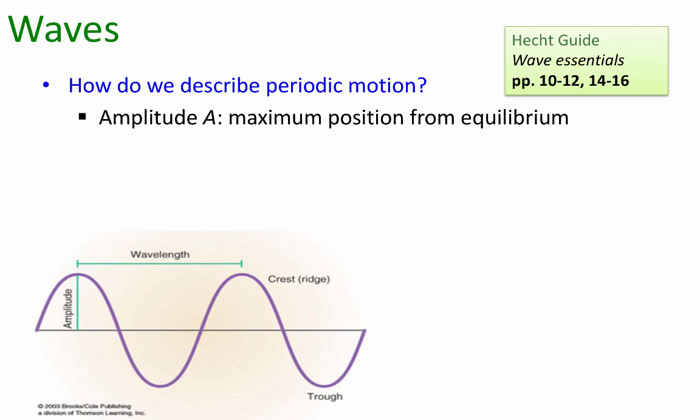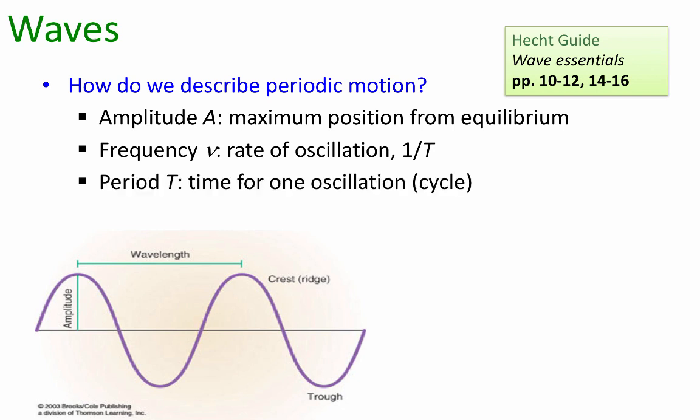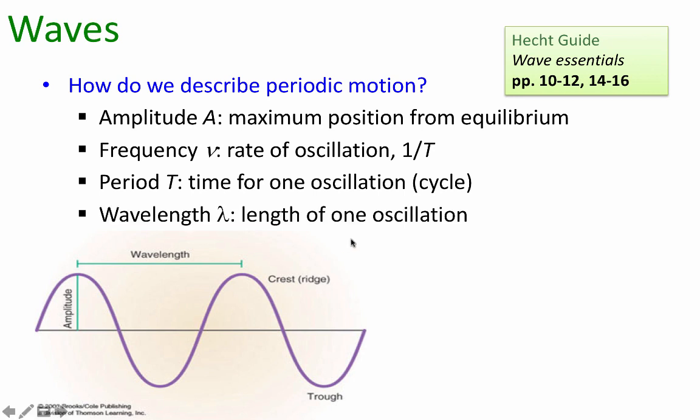The amplitude describes the maximum position from equilibrium, and its variable name is often A. The frequency, we're using nu, the Greek letter, is the rate of oscillation, and it's also the inverse of the period. The period is the time for one oscillation, or one full cycle of a wave. And the wavelength, lambda, is the length of one oscillation.